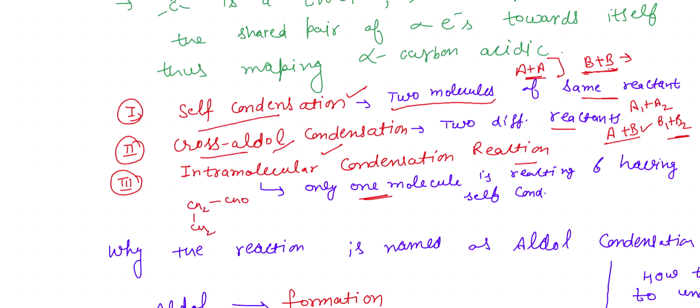Clear? So it can undergo intramolecular aldol condensation. So this is the condition for the intramolecular condensation reaction. There should be the presence of two carbonyl groups, which may be either aldehyde groups or ketone groups.